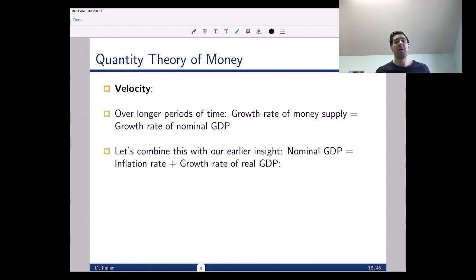So towards this end, let me define something new here, which is called velocity, or the velocity of money. And the velocity is the number of times a unit of money is used in a year, right?